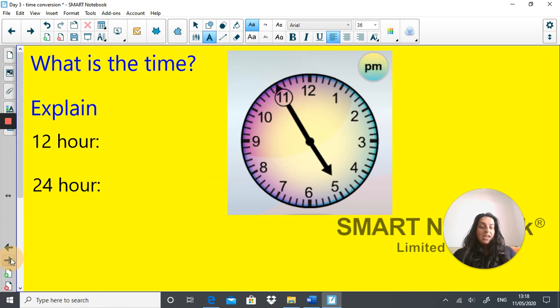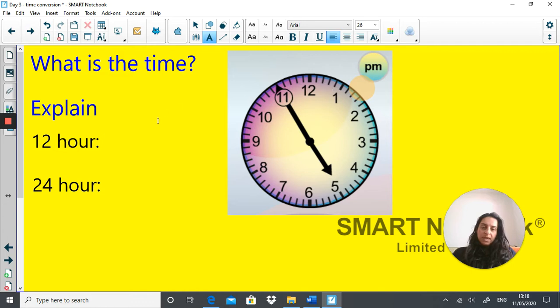So hopefully you got that right. Let's try another example. Here we go. So here's a 12-hour clock where it says it's PM. So what is the time here? Pause the video and have a go. Right, so the time here is 5 minutes to 5 o'clock.